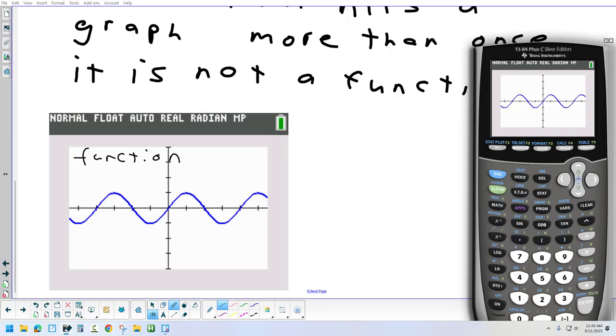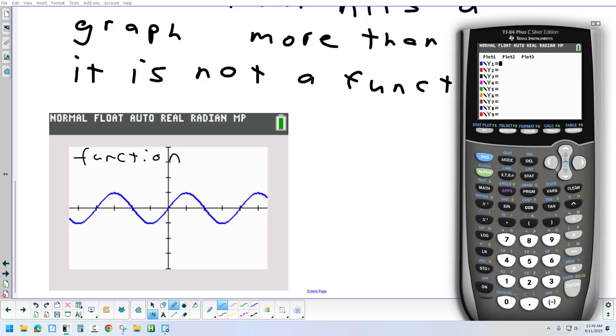How about something like, let's do something like this. Let's draw this one. I might have to zoom out a little bit.